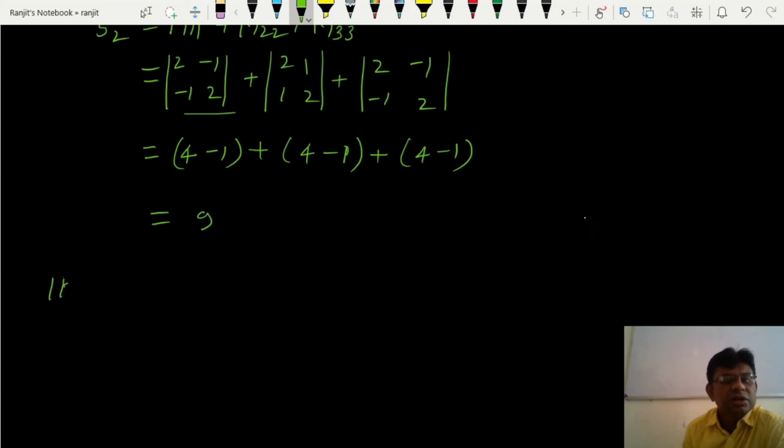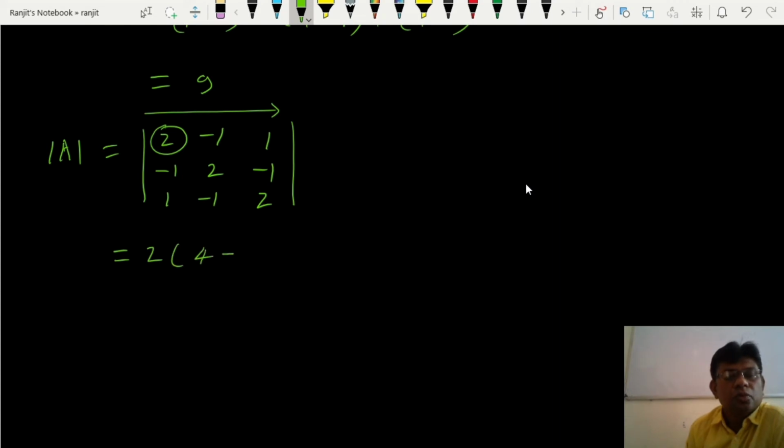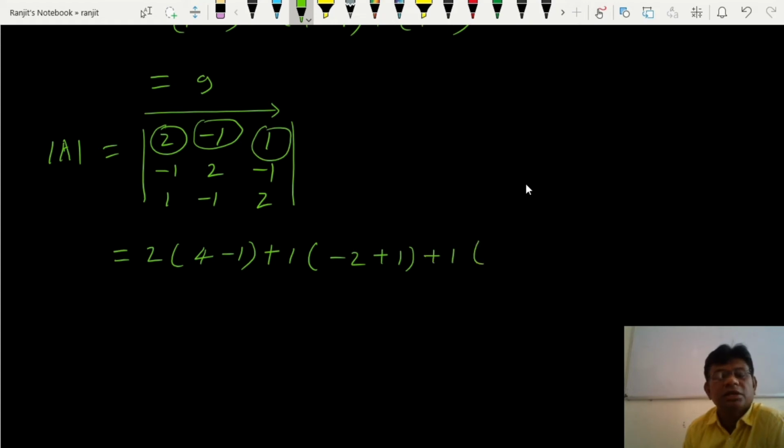Now determinant A. The determinant A is equal to the determinant of the given matrix. Now expansion of this determinant starting with this 2. So this is equal to 2 times 4 minus 1, here minus, this is the minus 1, therefore this is plus 1 times 2 plus 1, and so on.